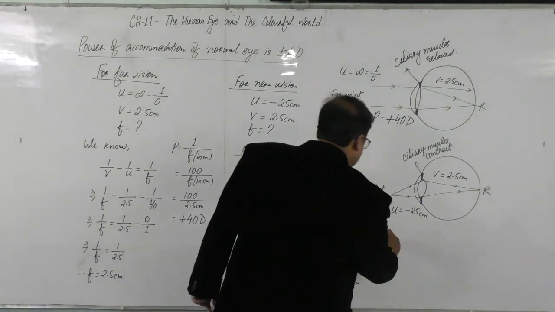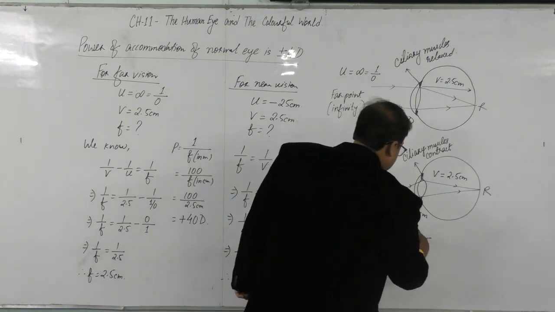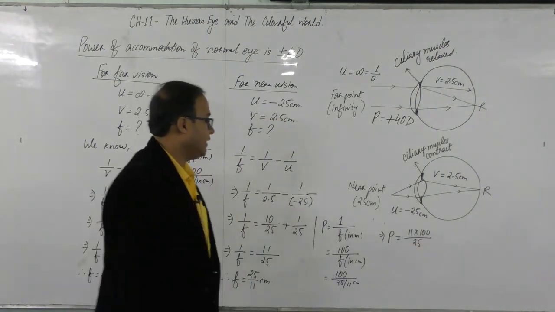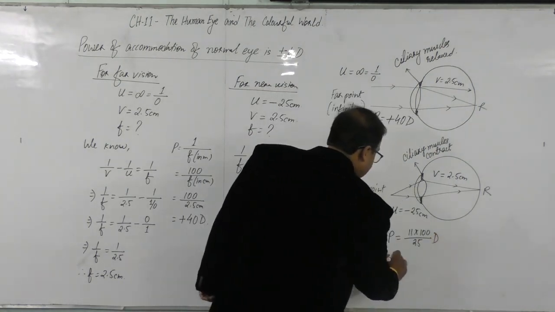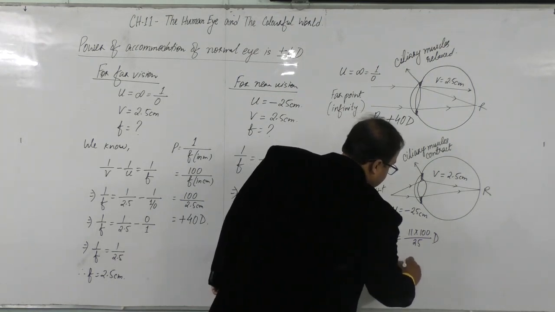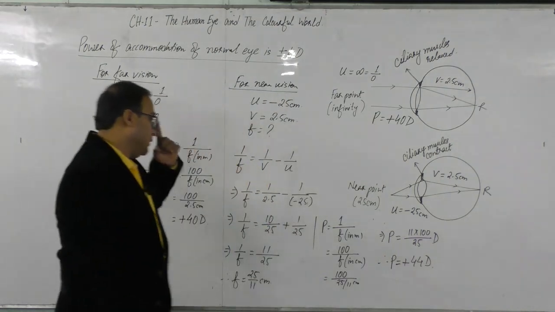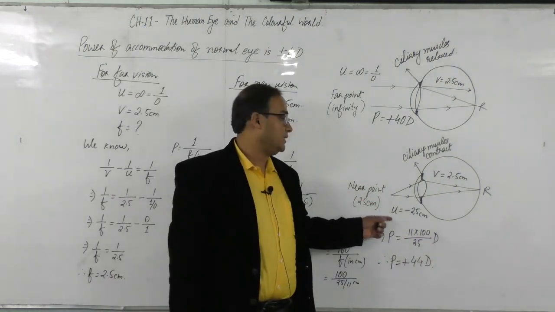So it will be P equals to 11 into 100 by 25 diopter we can write, and we will get power as plus 44 diopter.